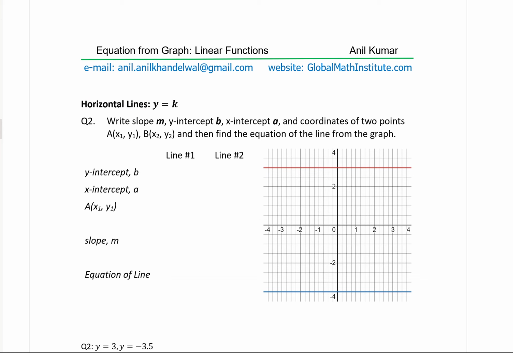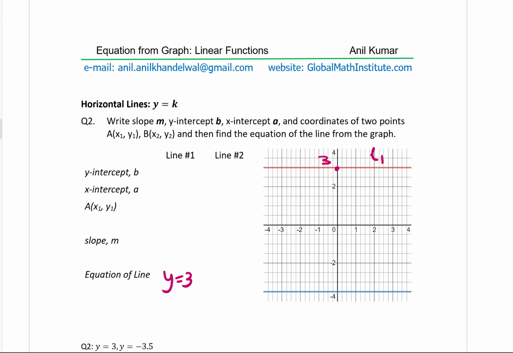Let's take the next example, which is again a horizontal line. So this is a practice question for you. You can pause the video, answer this question, and then look into my suggestions. Whenever a horizontal line is given to us, it is important to find the y-intercept, and that gives you the equation. So for line 1, since the y-intercept here is at 3, the equation is y equals to 3.